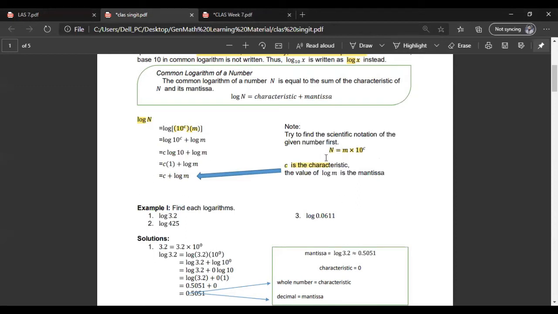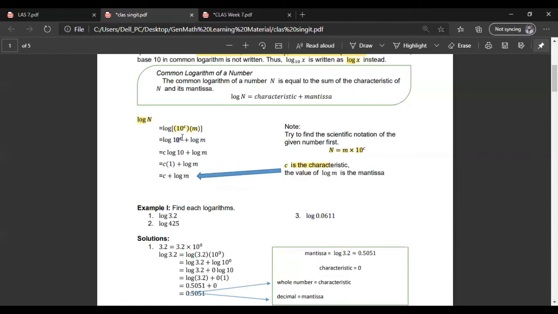Now, that scientific notation should be substituted to the number. So, yung n natin magiging 10 raised to c times m. Binabaliktad lang. Pinaghiwalay sila, di ba? So, we will use the product rule. Maghihiwalay si 10 raised to c at saka si logarithm of m.